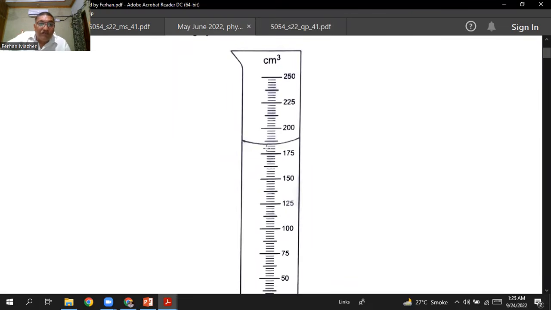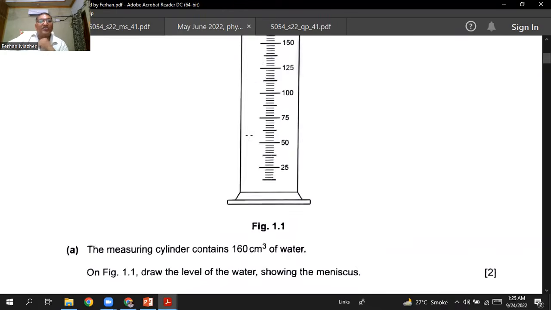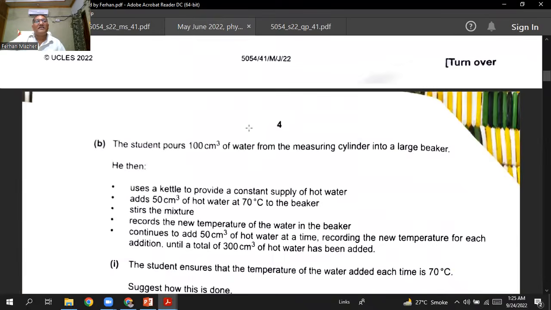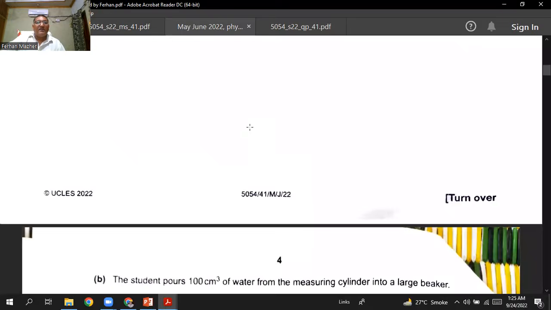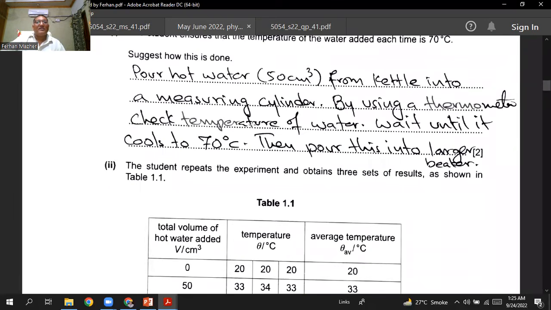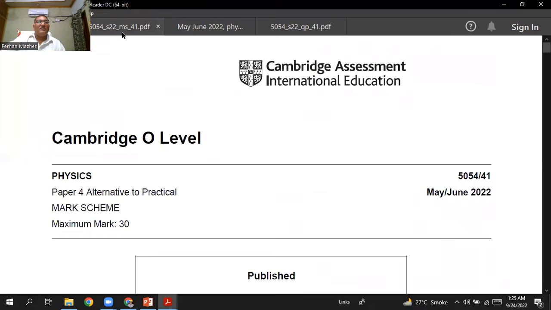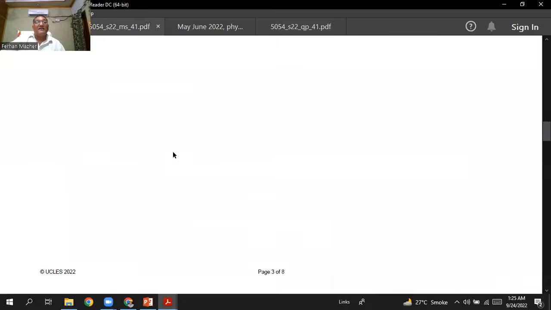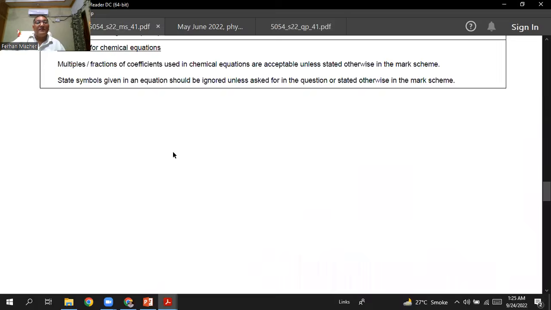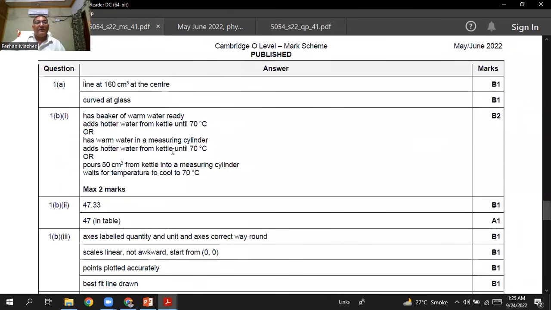So this lower portion of the meniscus is in the middle, and it is at the mark of 160. So this is how you will show this. So I hope you understand this. Okay, so we are going to the next question. Let me show you the marking scheme. The marking scheme is showing up. So here we go.